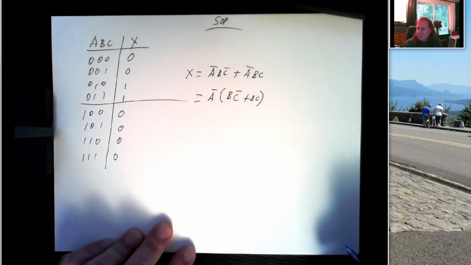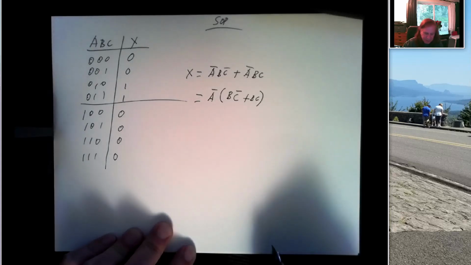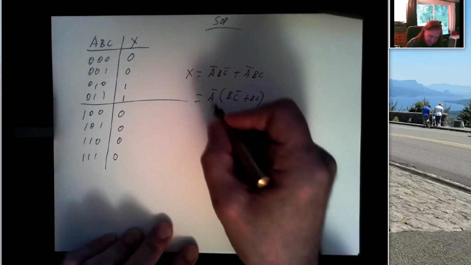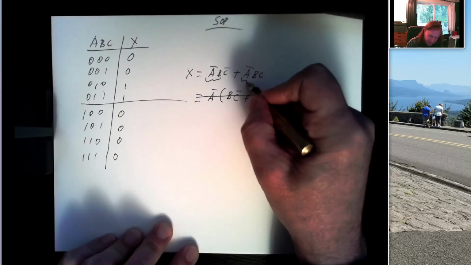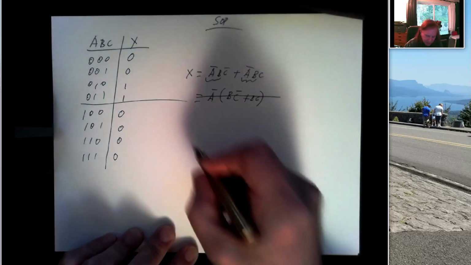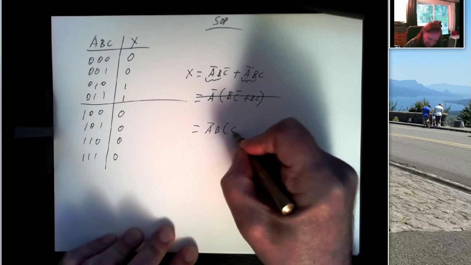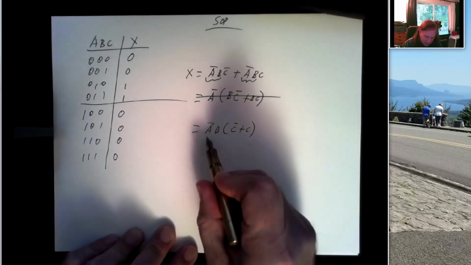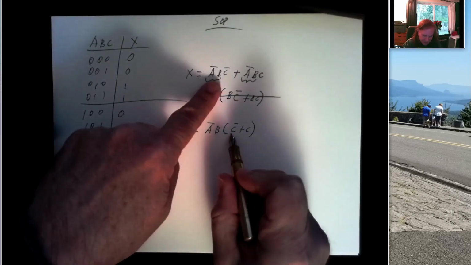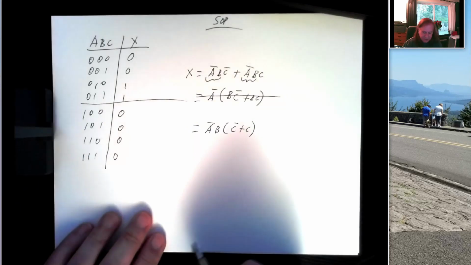And that's potentially a simpler circuit to implement, but we can actually make an even simpler circuit by factoring out this A bar B, and we can say x equals A bar B times C bar or C. And if we were to multiply this, this would be A bar B C bar, that's that term, ORed with A bar B C, there's that term.